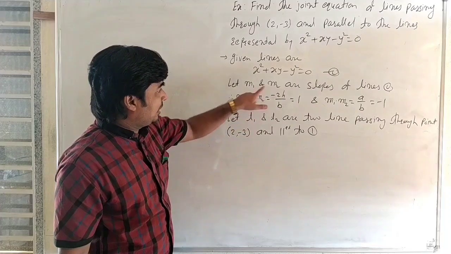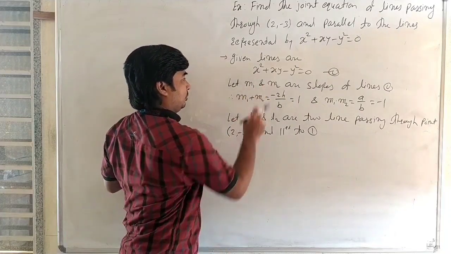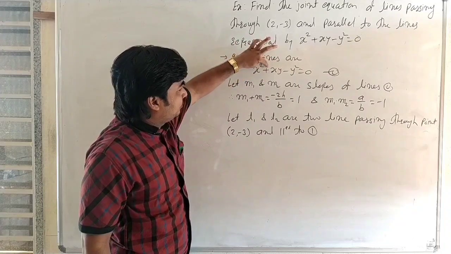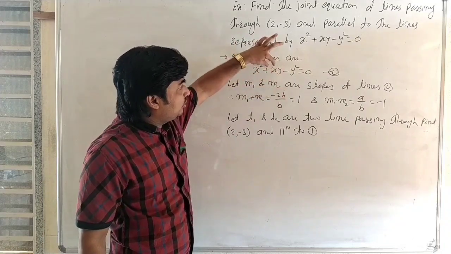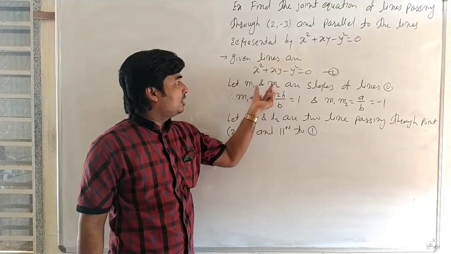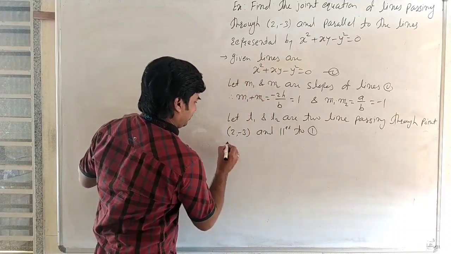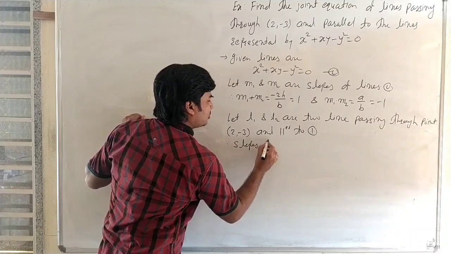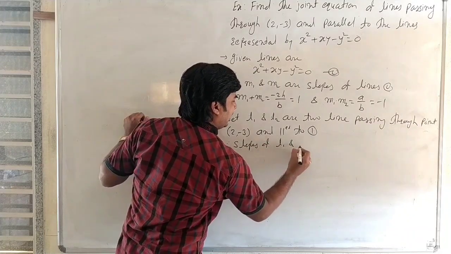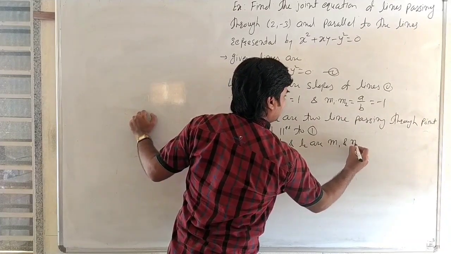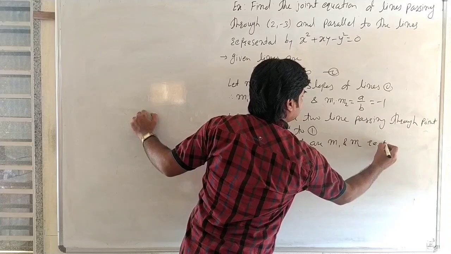Therefore, the slopes of L1 and L2 are M1 and M2. Here, M1 and M2 are the slopes of these lines, and L1 and L2 are parallel to these lines. Therefore, the slopes of L1 and L2 are also M1 and M2 respectively. Okay.